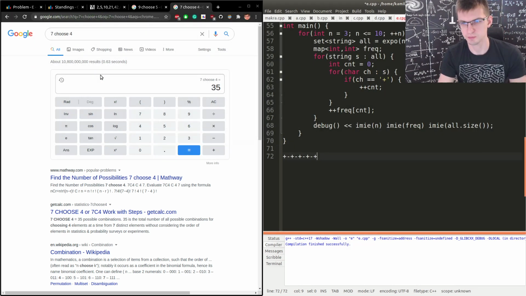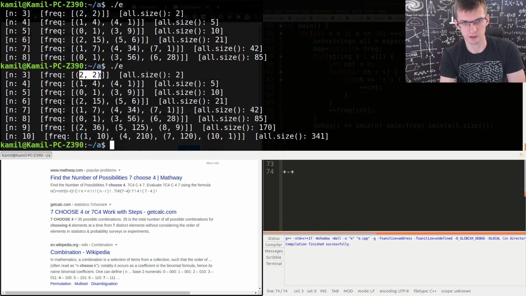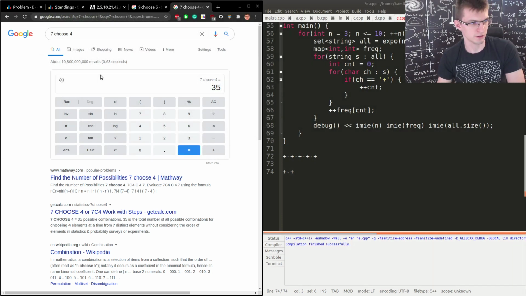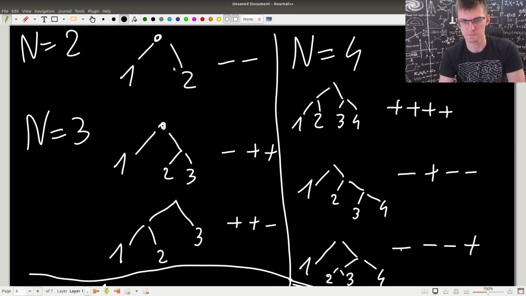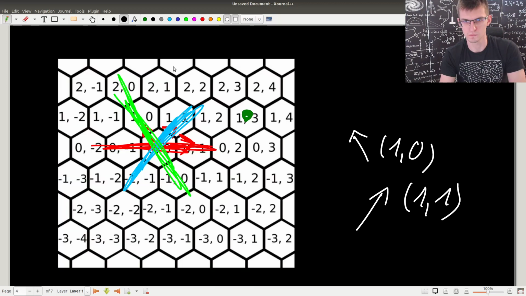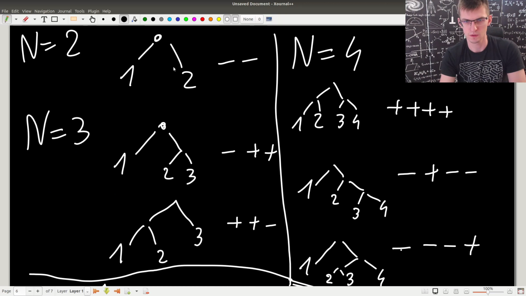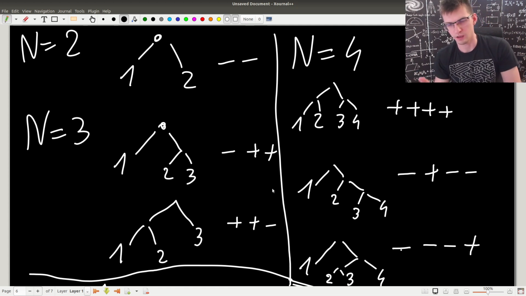And this also explains why this was impossible for n equal to 3, right? In our drawings, plus minus plus is an exception to this rule. Other than that, any two positions are good.